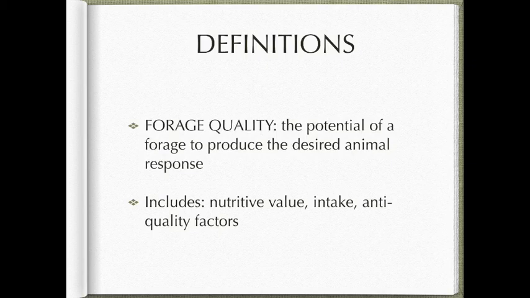And that's what we need to keep in mind, is it includes what we call nutritive value, or the chemical composition. What are the numbers? How does that affect the quality of the forage? It also is going to include forage intake, factors that can affect how much of the forage the animal eats. And then there's the potential for some anti-quality factors or toxins or something like that. So all of these elements go into forage quality.